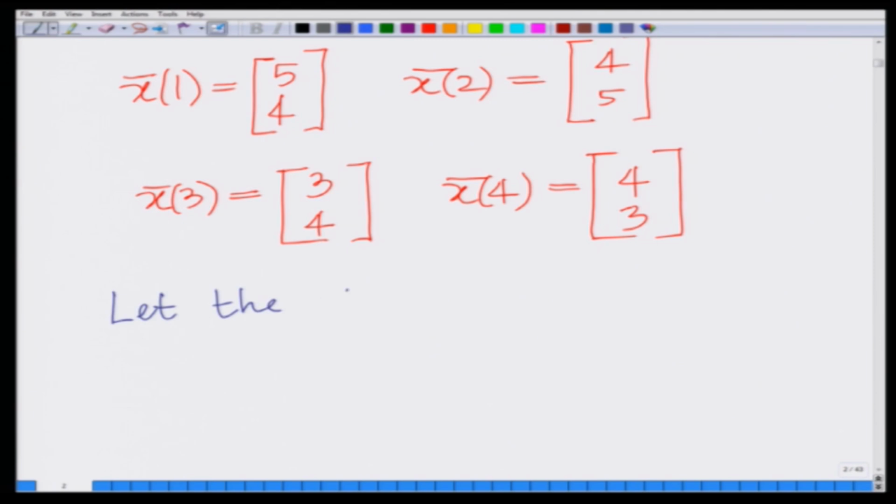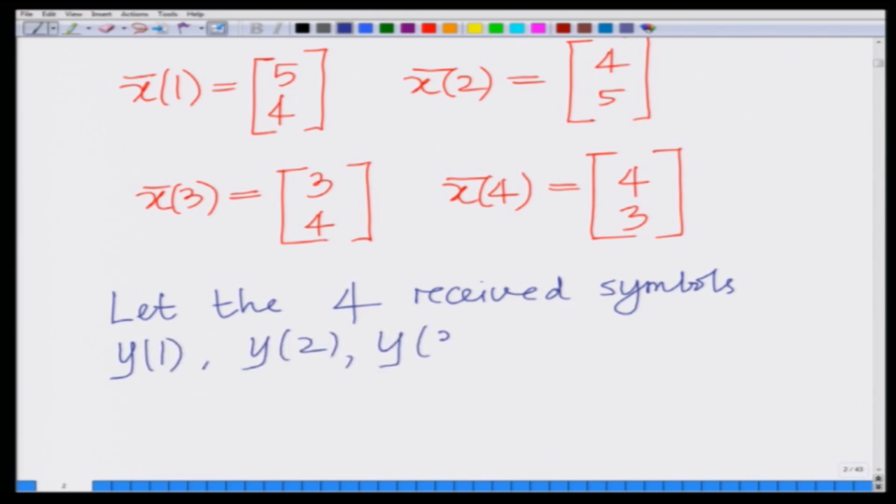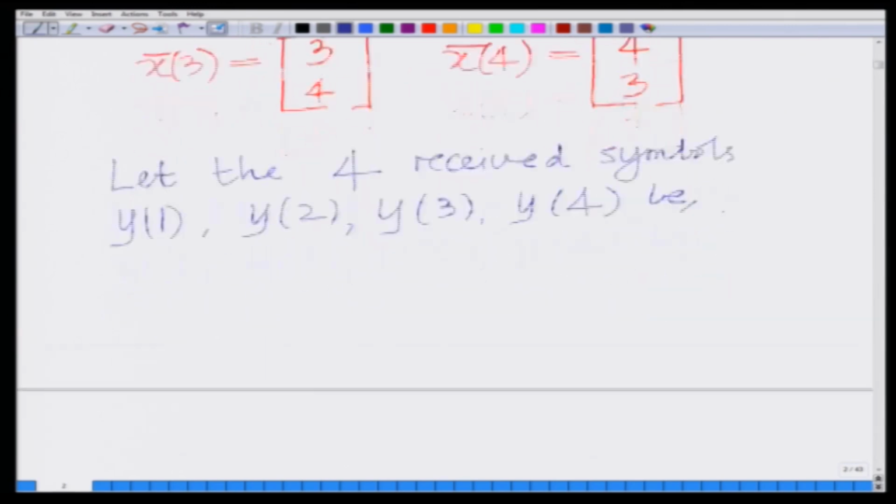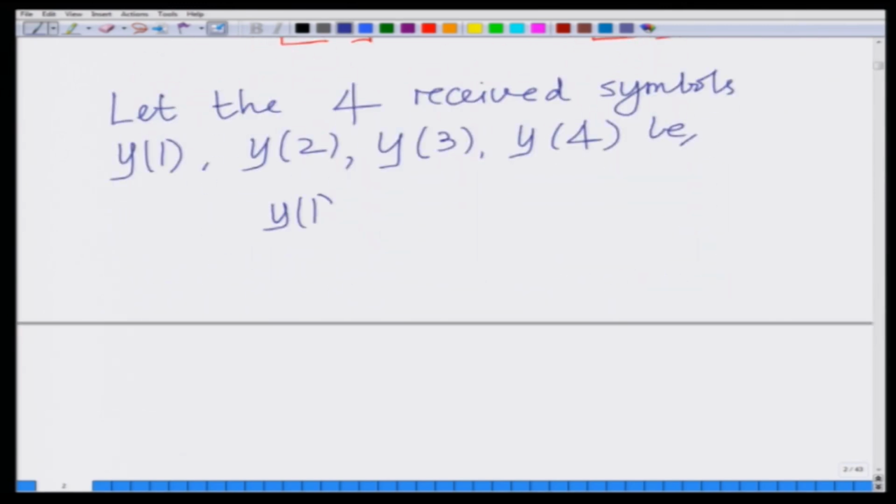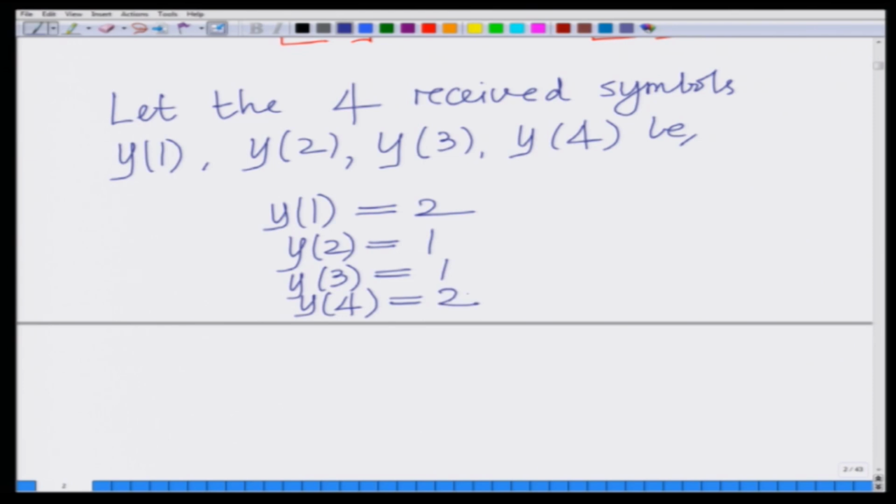Let the 4 received symbols y1, y2, y3, y4 be, in this example, y1 equals 2, y2 equals 1, y3 equals 1 and y4 is also equal to 2.